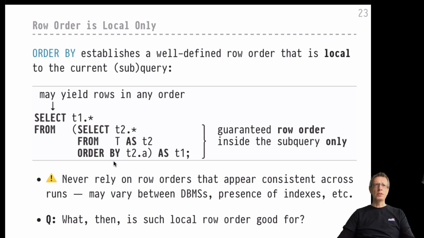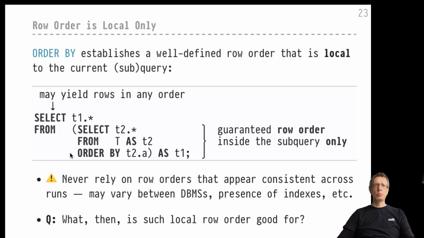But outside of this subquery, on the level of this top level query, of this outer query, there is no defined row ordering. This outer query may very well resort the rows and display them in some order that's not compatible with the order locally established inside the subquery. So please be very aware of that.